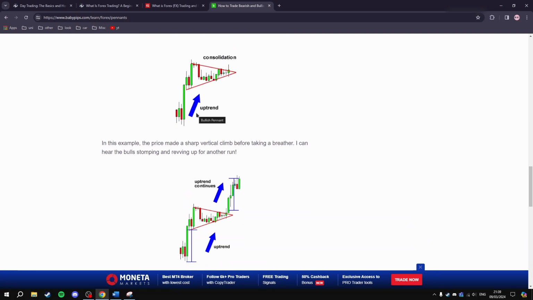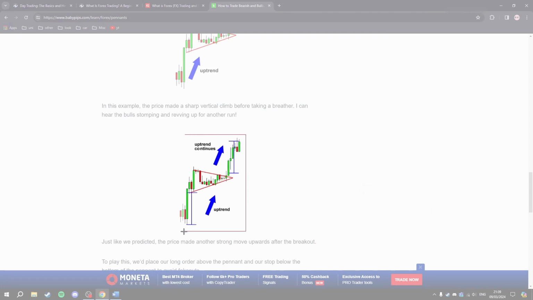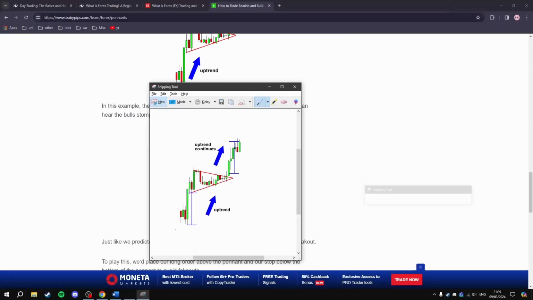In this example, the price made a sharp vertical climb before taking a breather. So, vertical climb, breather. I can hear the bull stomping and revving up for another run. And it does a vertical breakout, or an upwards breakout.